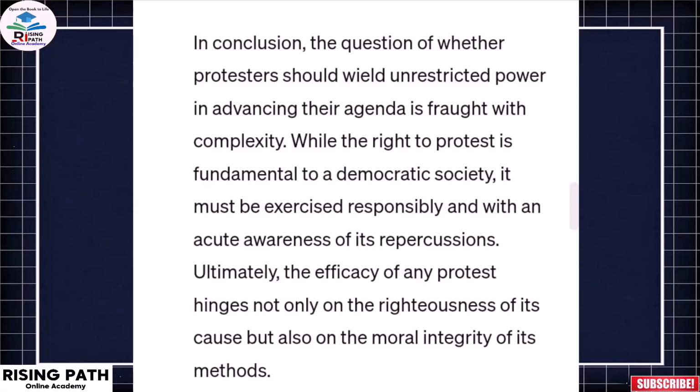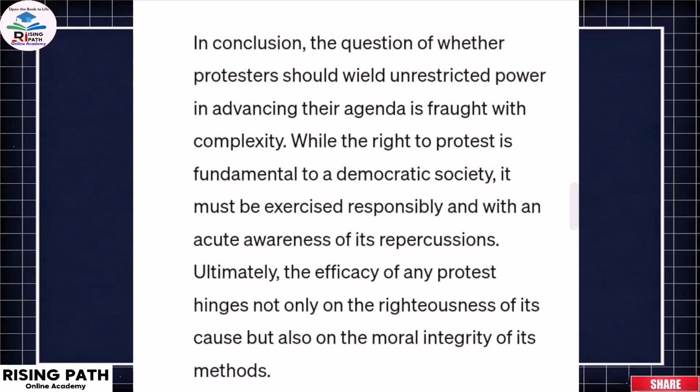We evaluated the favor points and the against points, then we gave our own viewpoint, which was in favor, and now in the conclusion we have a generalized view. While the right to protest is fundamental to a democratic society, it must be exercised responsibly and with an acute awareness of its repercussions. Ultimately, the efficacy of any protest hinges not only on the righteousness of its cause but also on the moral integrity of its method.